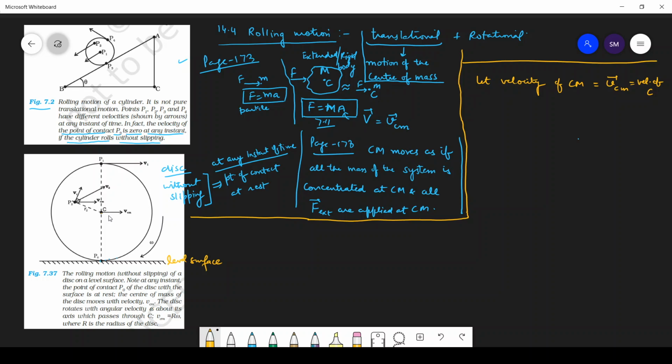Now the rotational motion of the disk is about its symmetric axis. The axis is passing through this point C, and it is perpendicular to the plane of the book, or the plane of the screen, or the plane of the paper where you have drawn this figure.